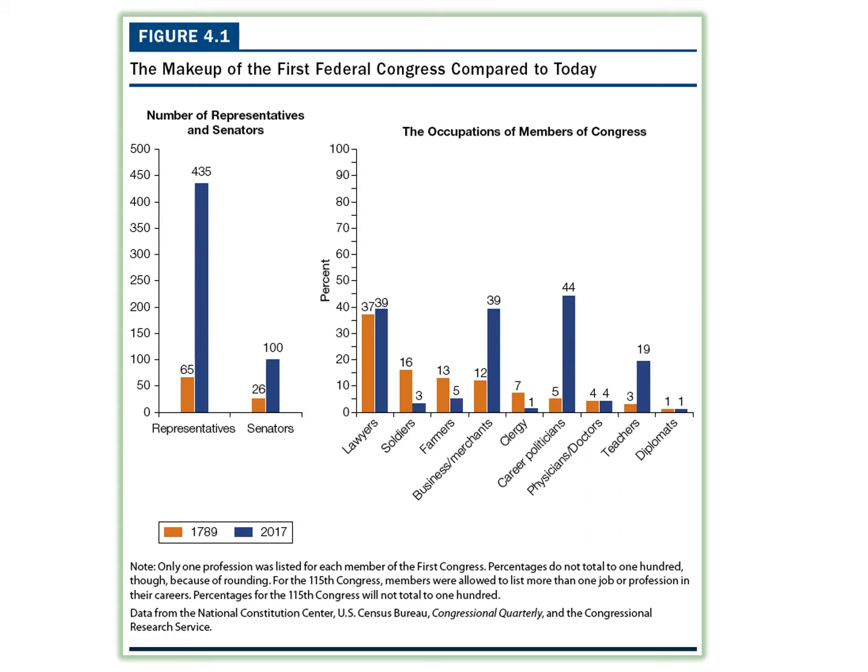As you can see, soldiers and farmers and clergy used to be represented a lot more than they are now. And what jobs have more representation in Congress now? I hope you saw that it's business or merchant persons, career politicians, and teachers. Just a cool chart there for you.